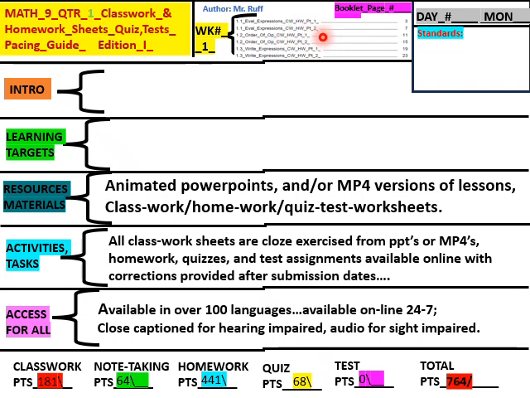Then we go into 1.2 order of operations, classwork and homework part 1, and 1.2 order of operations, classwork and homework part 2. Then 1.3 write expressions, classwork and homework part 1, and 1.3 write expressions, classwork and homework part 2.